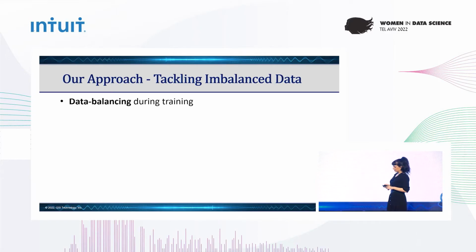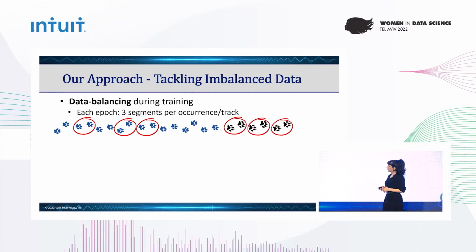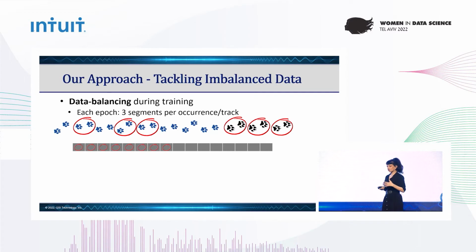To further tackle the problem of imbalanced data, data balancing was performed during training. So first, in each epoch, up to 3 random samples were chosen per occurrence, so that long and short occurrences will have equal representation per epoch.